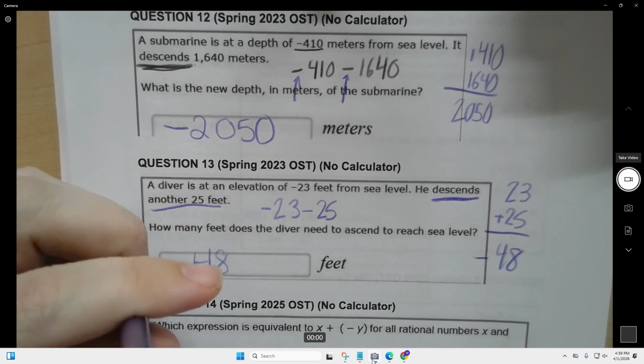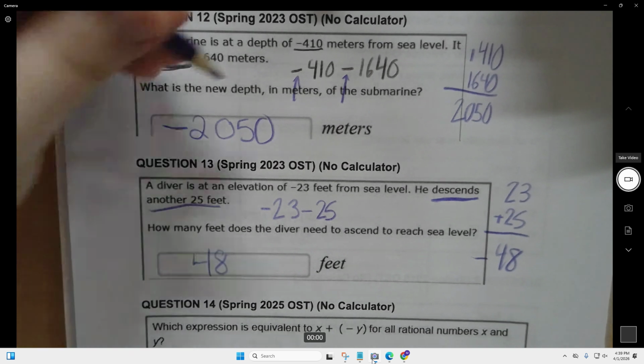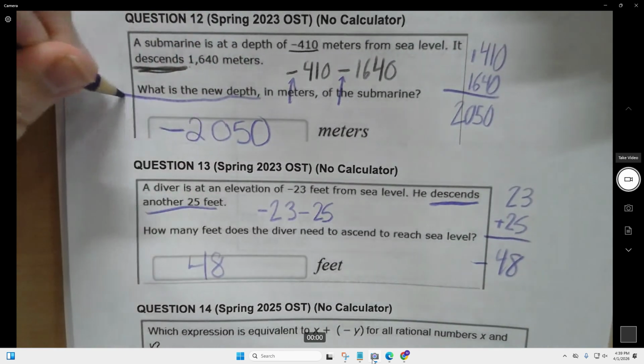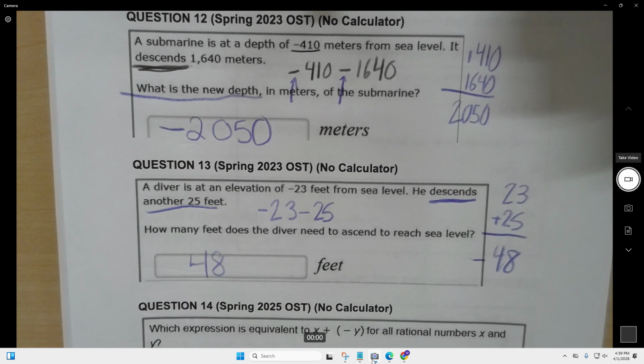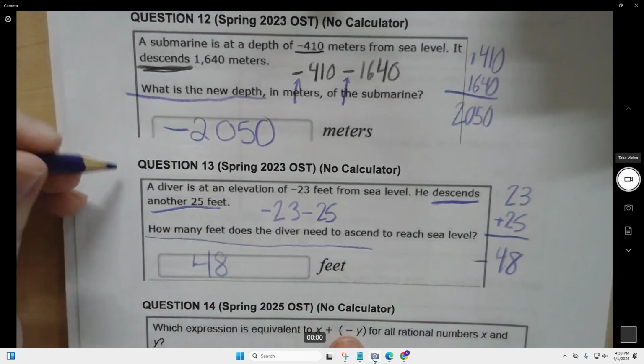Now, here's a very key difference, and here's why I love that both of these questions are on here. This says, what is the new depth? The depth would still be negative 2,050. He is 2,050 meters below sea level. However, question 13 says, how many feet does the diver need to ascend? We're talking about two different things here.